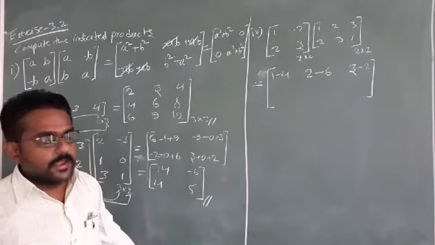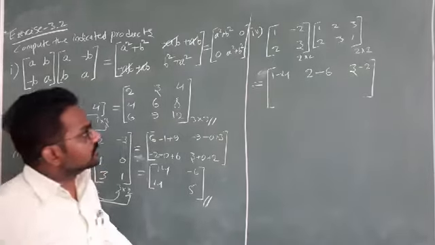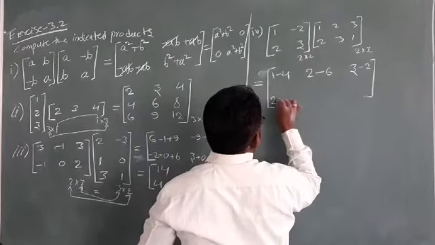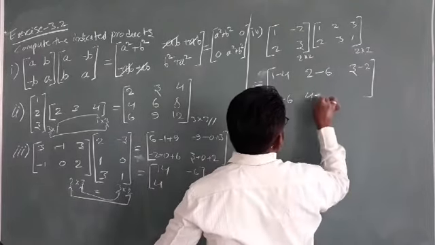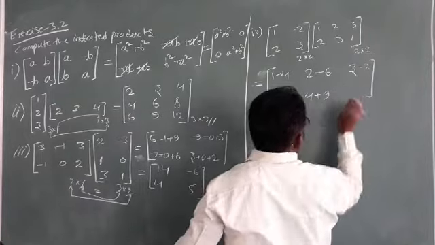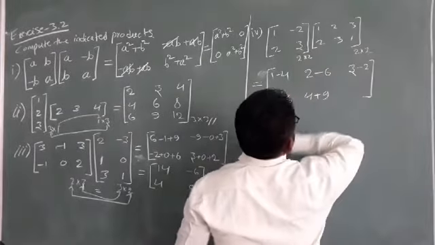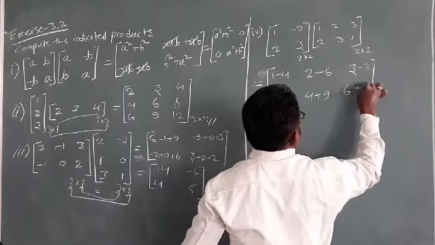Okay. And next, 2 into 1, 2. 3 into 2, 6. 2 into 2, 4. 3 into 3, 9. 2 into 3, 6. 3 into 1, 3.